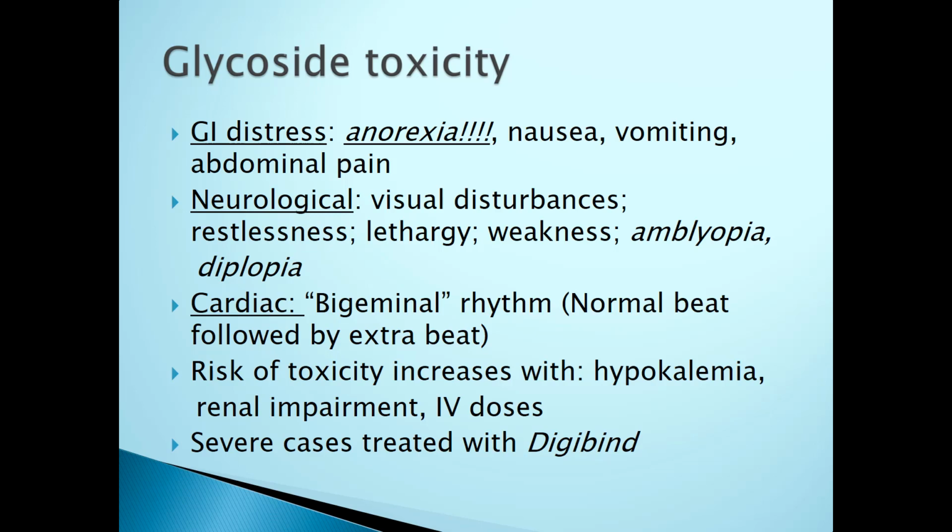If necessary, the client would be given potassium supplements. If experiencing nausea and vomiting, administer antiemetics. Then consult with the doctor if the doctor orders Digibind, and generally these are for very high levels. Digoxin levels would have to be above 10 nanograms per deciliter. All right, so let's move on.